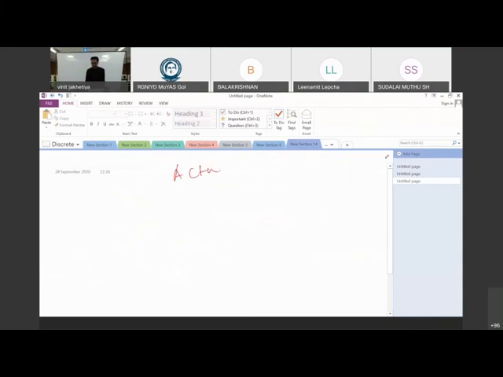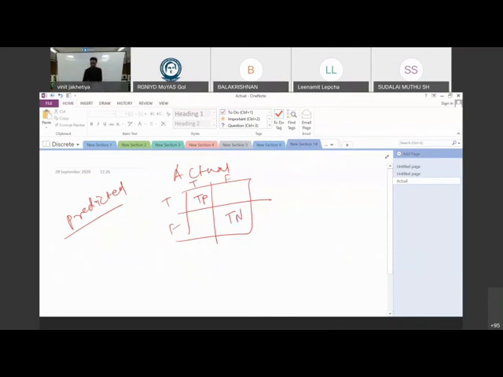Let's say this is the actual label of the data and this is the predicted, so your model is predicting this data. This is true, false, true, false. So of course, this is going to be true positive, this is going to be true negative, this is going to be false positive, and this is going to be false negative. Right? This is a confusion matrix.